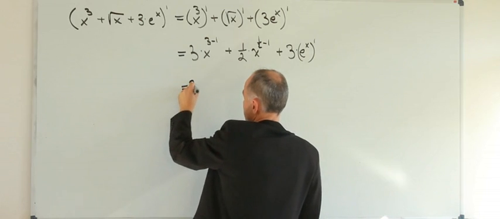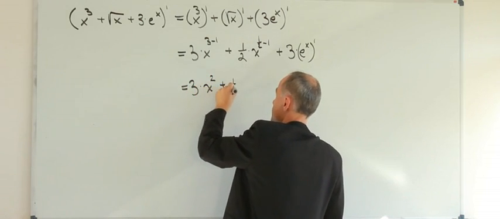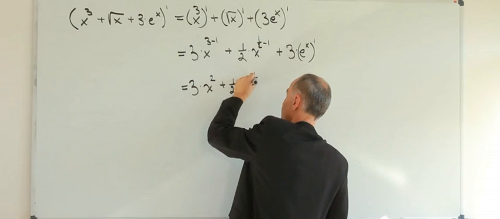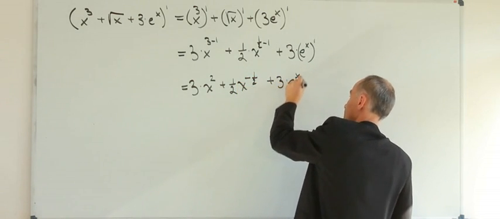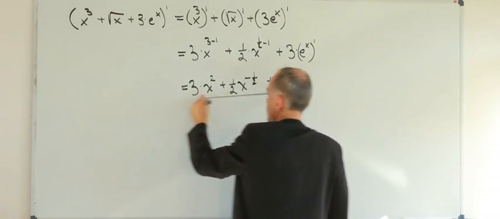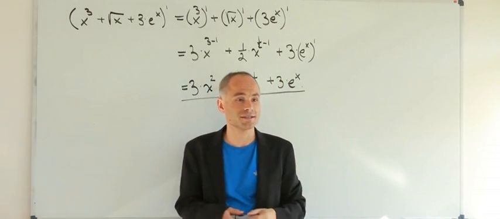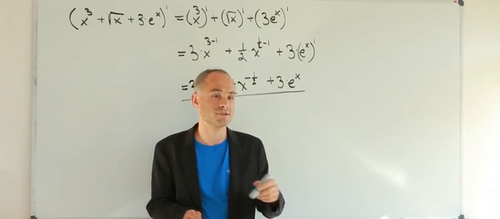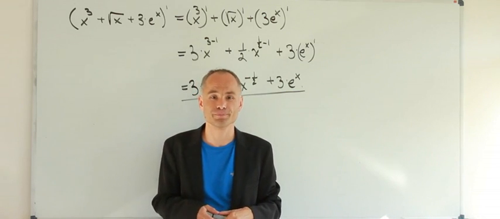And so we get 3 times x squared plus 1/2 x to the power negative half plus 3, and the derivative of e to the x is e to the x. Look how quickly we arrived at the final answer. We no longer have to follow the procedure to do all the limits, the definition, and so forth.